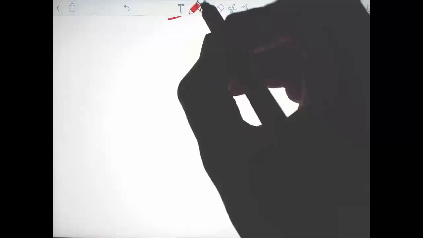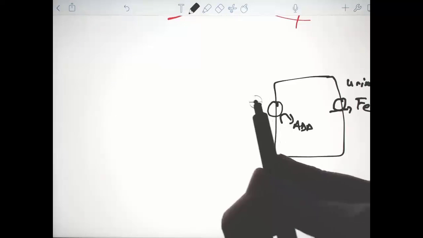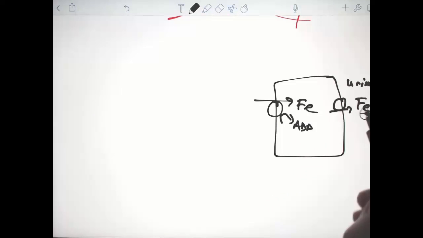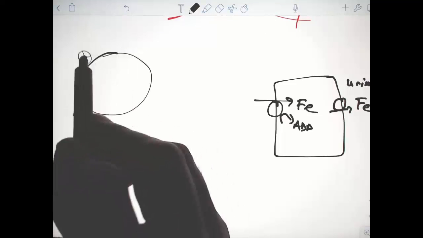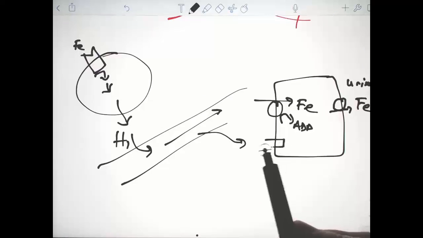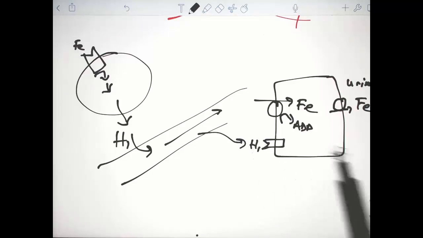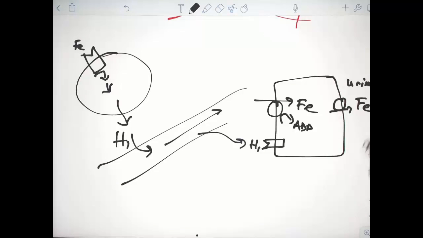So what about in the kidney? In the kidney, again, we'd have a pump that can pump iron into a cell and a passive transporter that can release it into the urine. In the kidney, when iron is high, and our hormone binds, if iron is too high, we want to get rid of the excess.